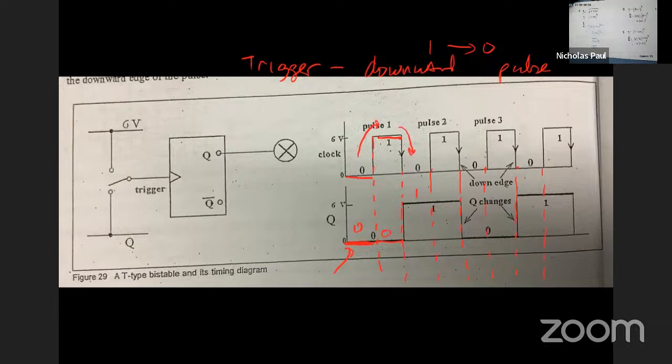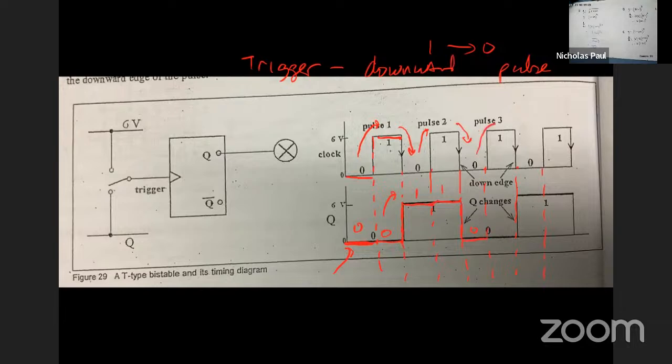See that? So it went from a 0 to a 1. Now you have a 0 going to a 1 in your input. That will not do anything to the output, so it stays the same, 1. You see? Now there's a downward pulse again. So when the downward pulse comes in, that's a trigger. So it will trigger the output to go from 1 to 0.